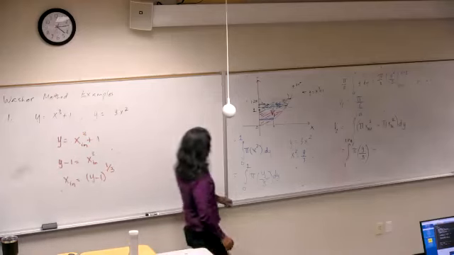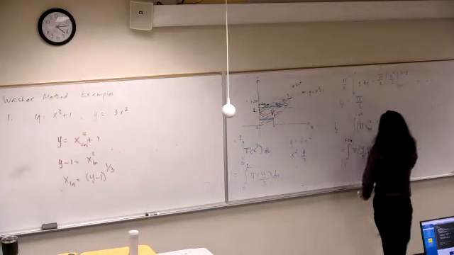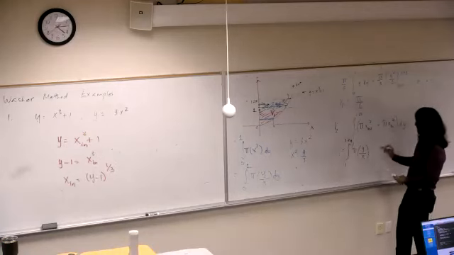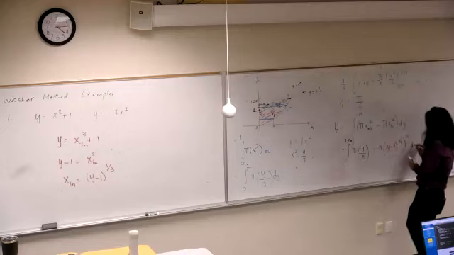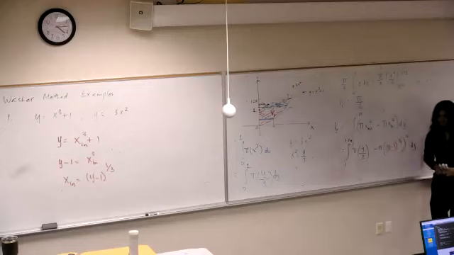Okay, take that, plug it in here. Pi times y minus one raised to 1/3. Let's see if you paid attention. I can rewrite it as y minus one raised to 2/3. Good.